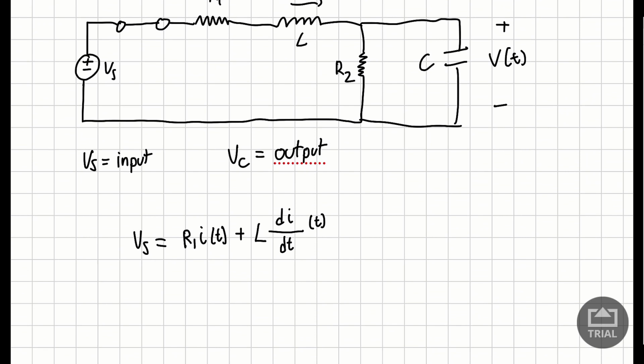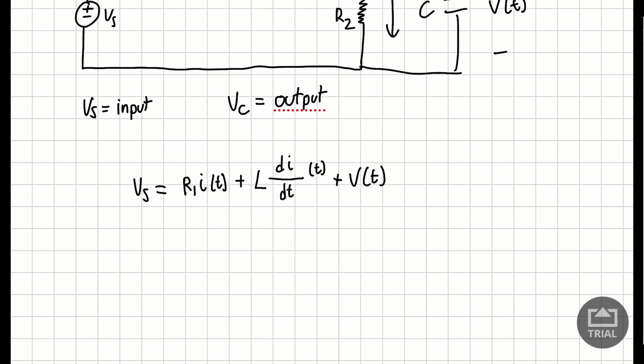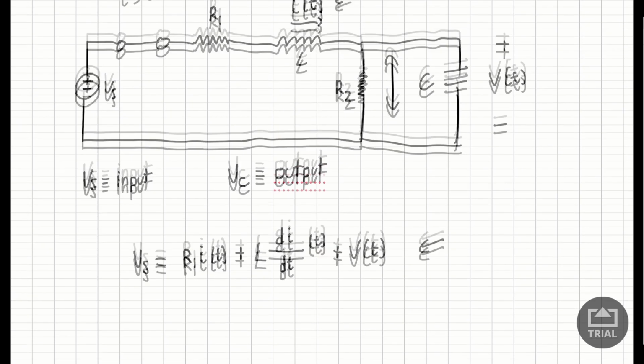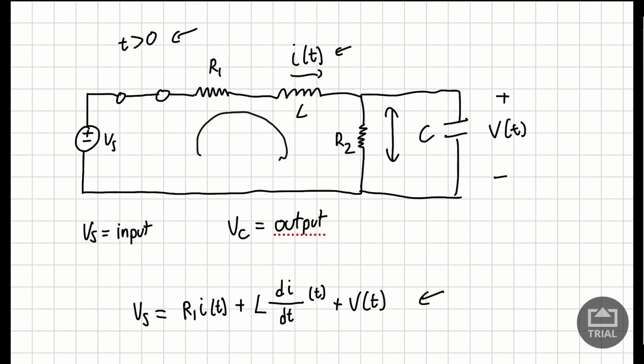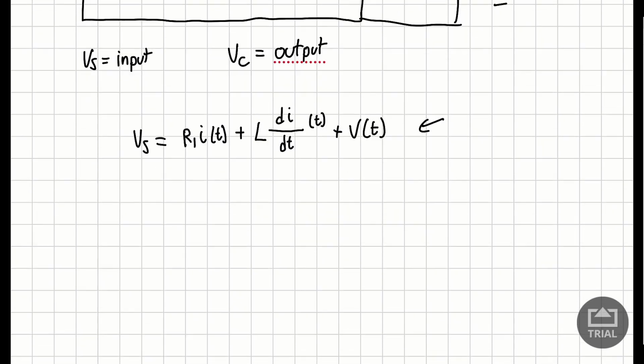And we also need the voltage over here, which is simply V of t. So this is our first equation. That would be the whole voltage flowing through this circuit. All of the voltage in the circuit will be equal to Vs, the voltage source.